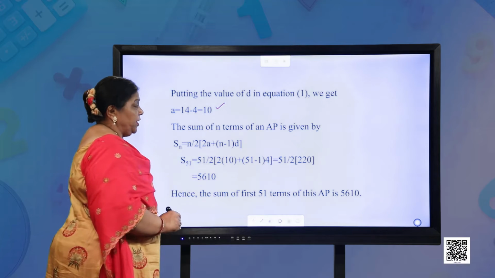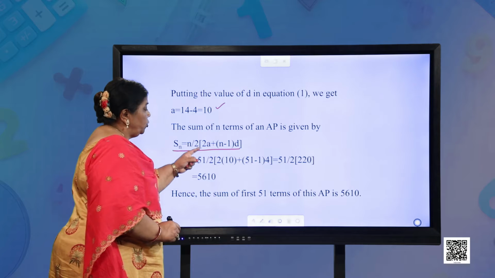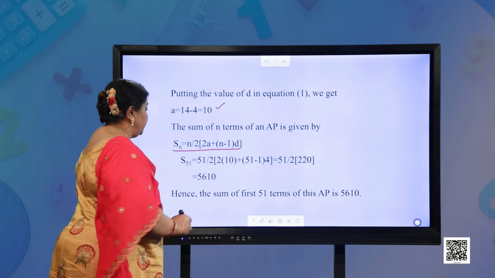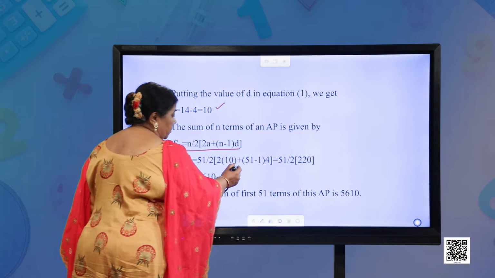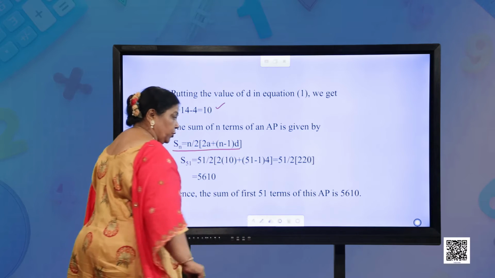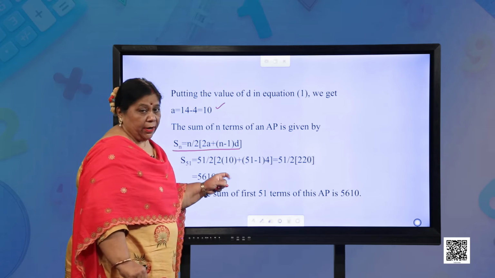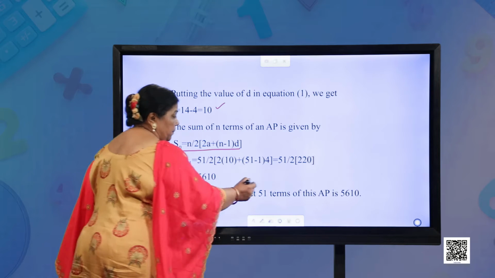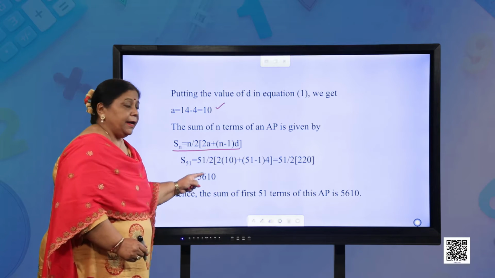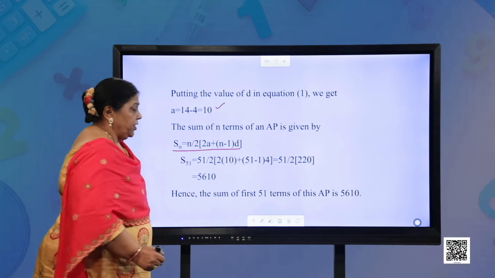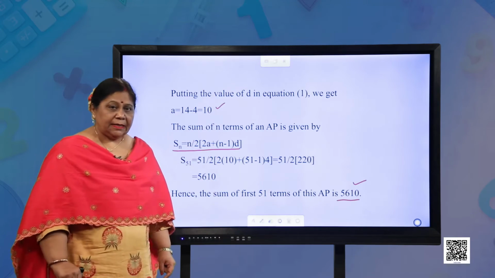Now, sum of n terms of an AP is given by the formula Sn is equal to n upon 2 into 2A plus n minus 1 into D. So, S51 will be 51 upon 2 into 10 plus 51 minus 1 into 4, that is 51 upon 2 into 220. That is, when I multiply 51 into 110, I get 5610. So, the sum of first 51 terms of an AP is 5610. I hope it is clear.